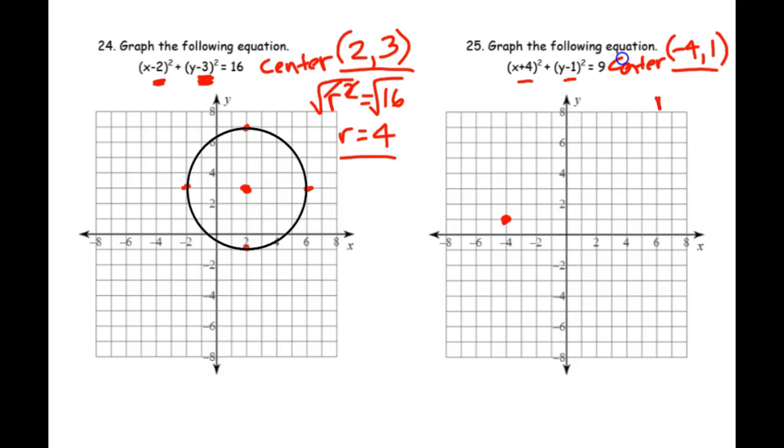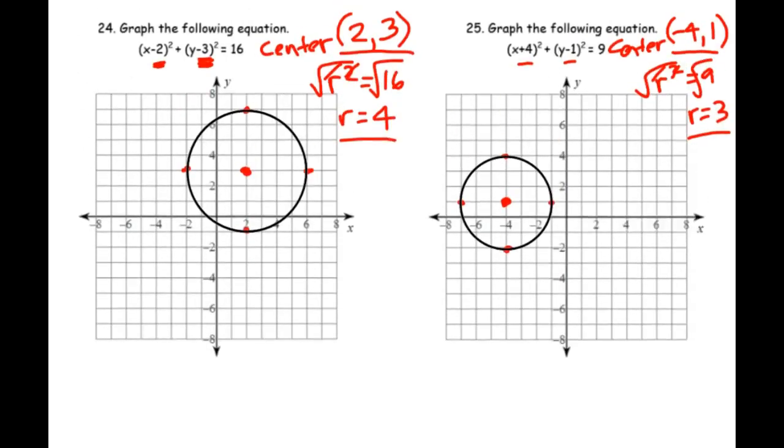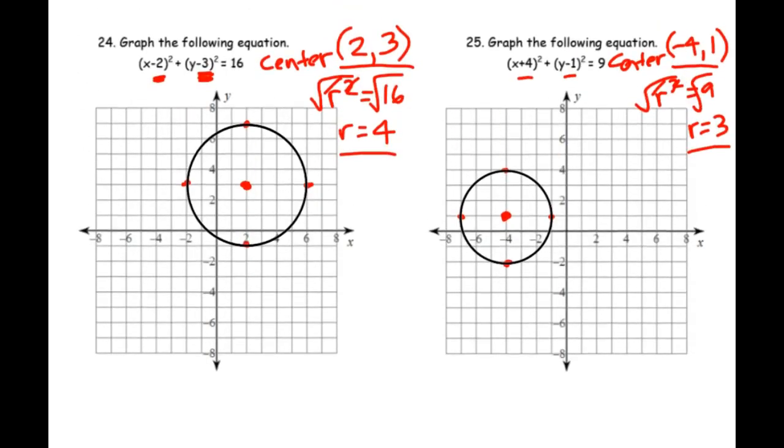And then if r squared equals 9, square root of 9 is 3. So I'm going to go 3 to the right, 3 up, 3 left, 3 down. And then I need to draw my circle from that center through those points. Perfect. All right. And that's how you graph given the equation like we've done on the past assignments.